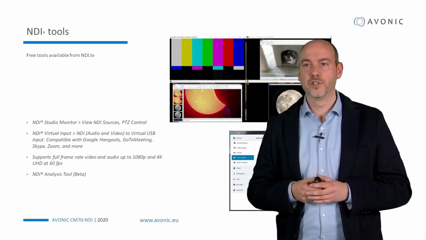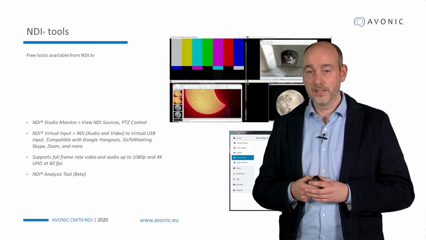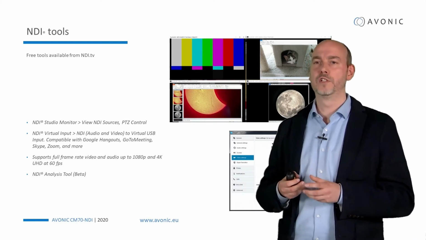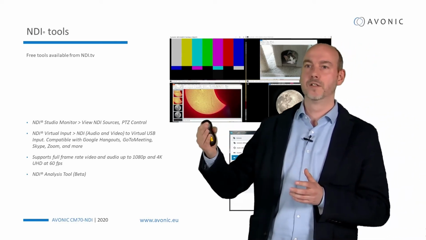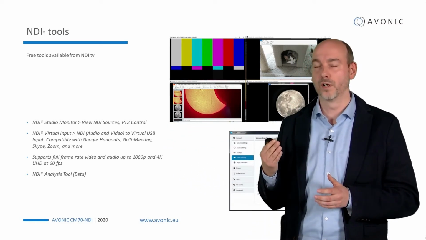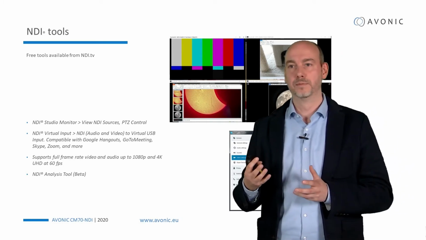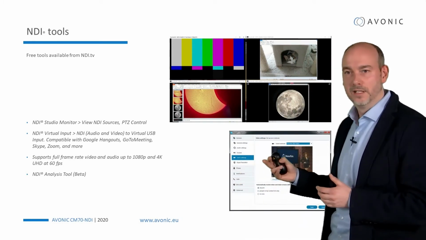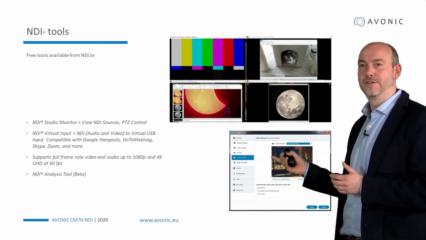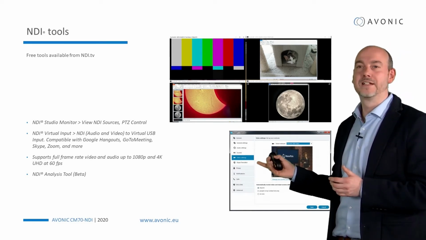Then, one of the things I mentioned for education, the NDI virtual input. This is a tool which takes the NDI signal from the network and emulates a virtual USB input in your PC. You're seeing here, this looks like a very old picture from Skype, but this is what it's doing.